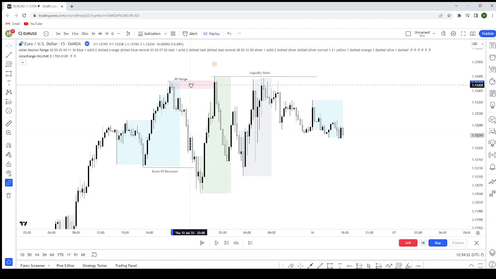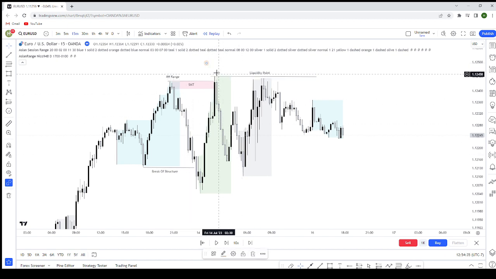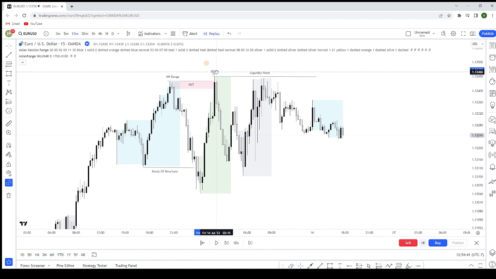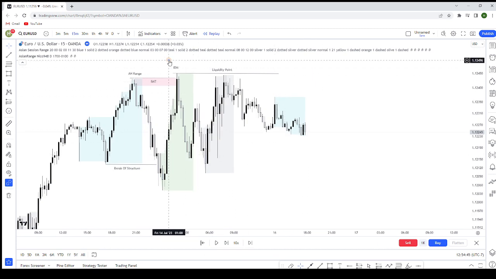This, in my opinion, is a smart money trap because we want to see Asian high being purged. Once we see this point here, it purged all the orders that were stuck here, and then it started to reverse. So for me right here, this would be considered an inducement area, IDM, inducement from here.